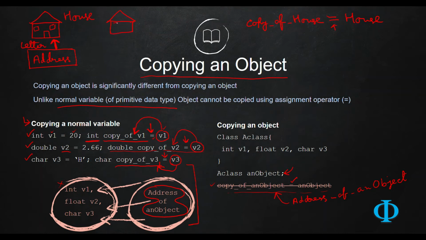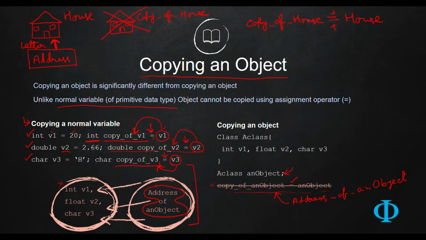You may think that this made a separate replica of the house in another different street, but if you use this assignment symbol to copy it, that does not happen at all.